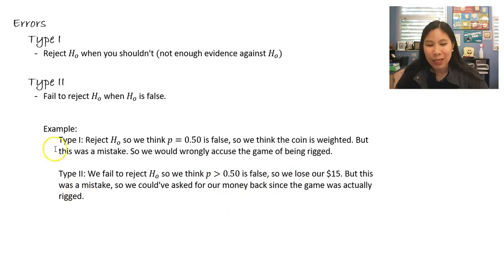And so based on these two types of errors, it kind of sounds like type 2 was worse because you would end up losing your $15 without any recourse for getting that back. But with type 1, you're just wrongly accusing someone of something, and I don't know if you think that's good or bad, but still, that's kind of what type 1 and type 2 errors would sound like.